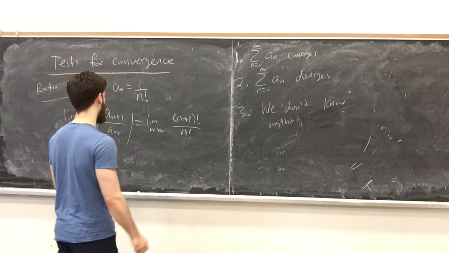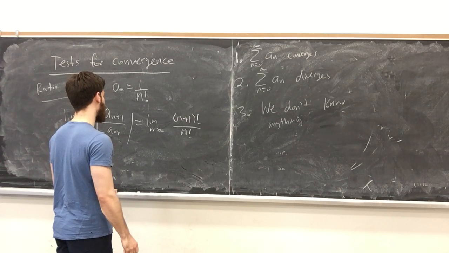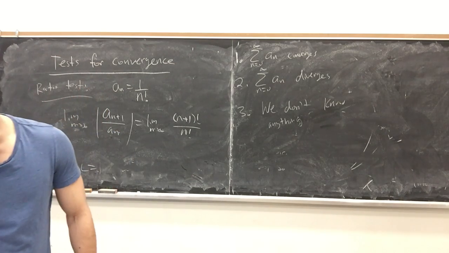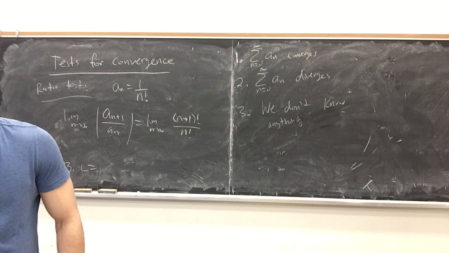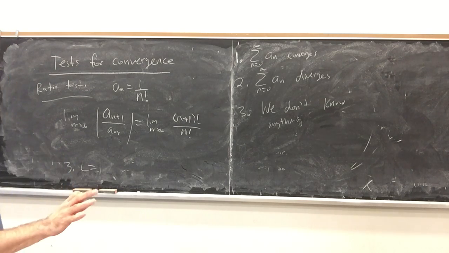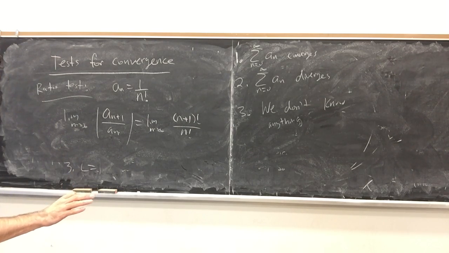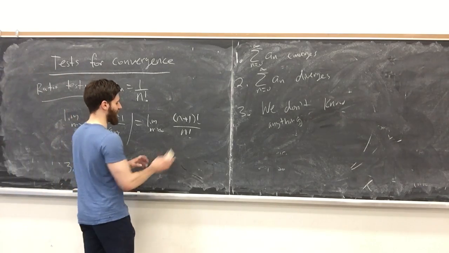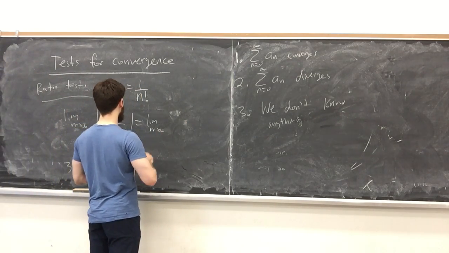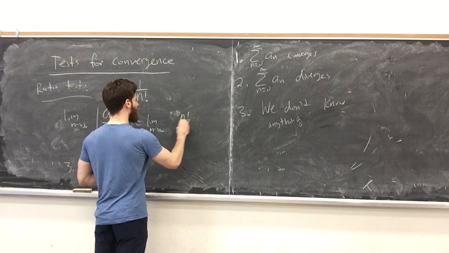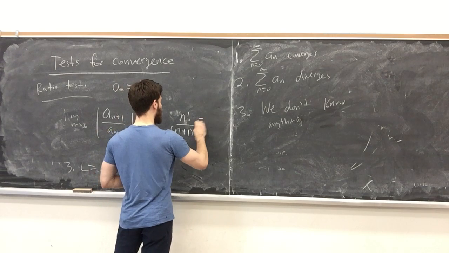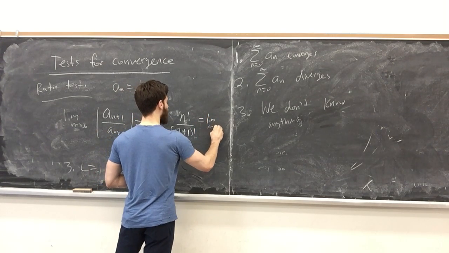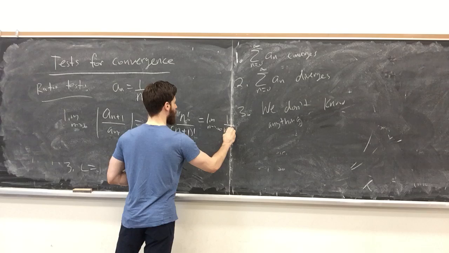Actually, maybe this isn't a great example. Stand by. Oh, wait, no, sorry, it is a good example. I messed up the computation; I went too quickly. The limit is n factorial divided by (n plus 1) factorial, and this is equal to the limit as n goes to infinity of 1 over n plus 1.